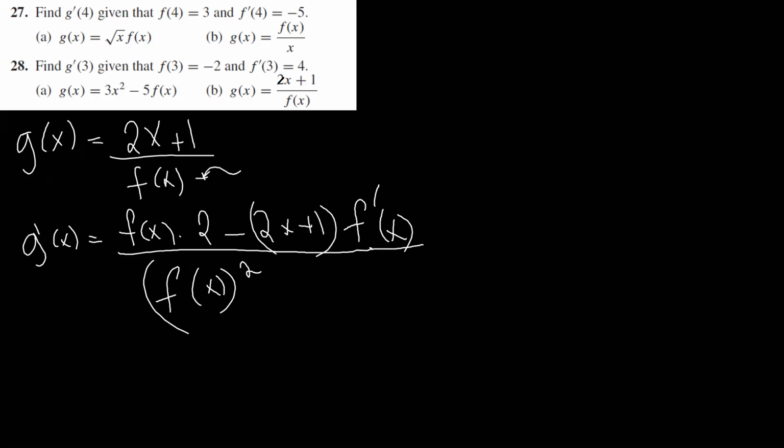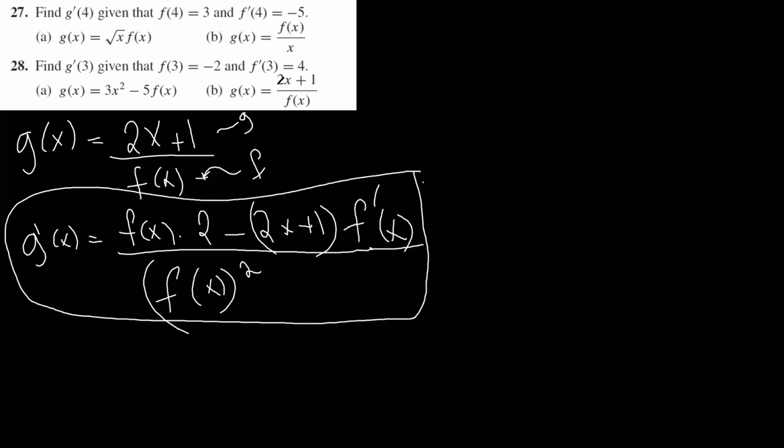Here is f and here is g. Okay, here f squared. f times g prime minus g times f prime. This is now g prime of x.